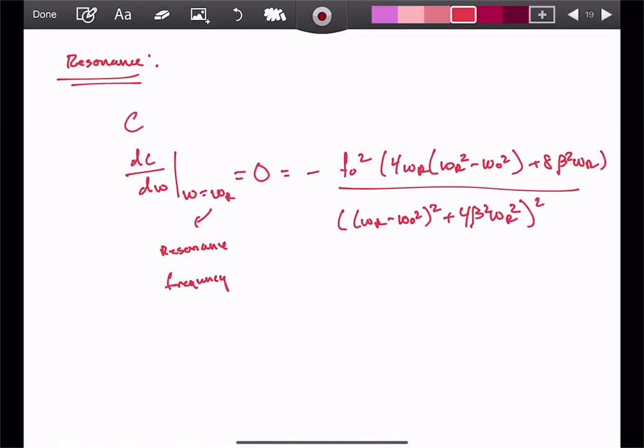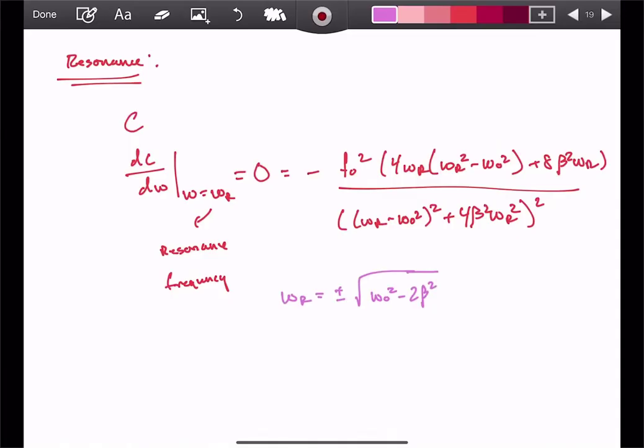Now, what we're looking for is simply what is omega resonance to make this true? Well, if I go through all the algebra, what I finally find is that omega resonance is equal to plus or minus the square root of omega 0 squared minus 2 times beta squared. Okay. So basically, what does this say?